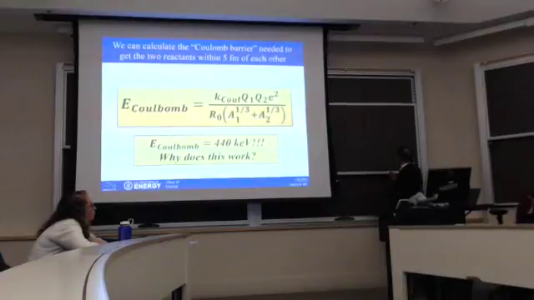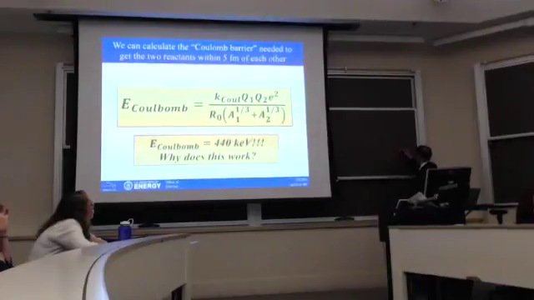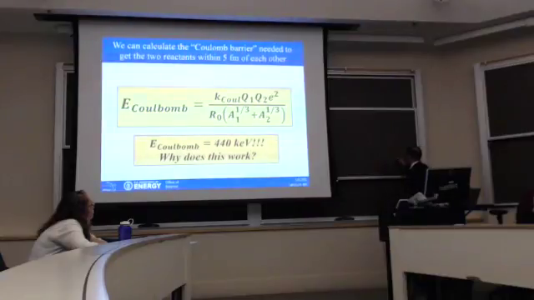In the case we're talking about now, both Z1 and Z2 are 1. This is 1.44 MeV Fermis. And down here, just say 2 Fermis for one, 2 Fermis for the other, 4, like that. You come up with numbers on the order of 300 and something keV.